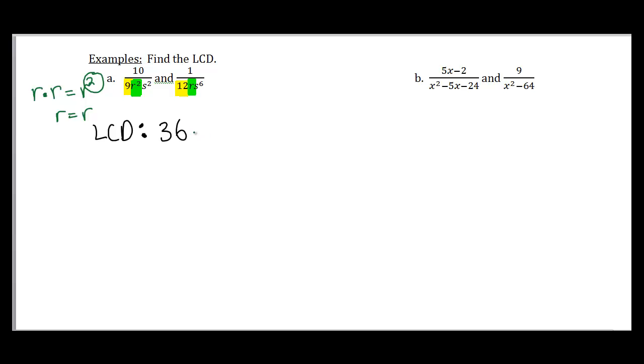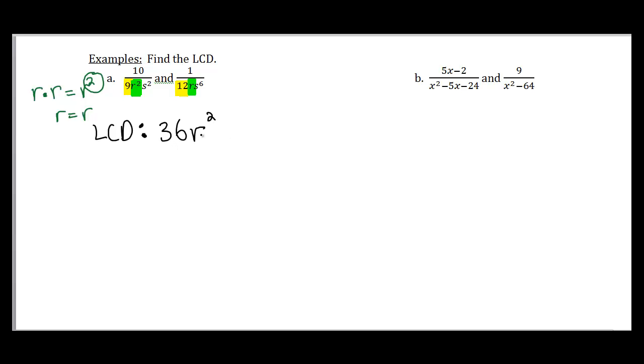Always take the largest power because you need a multiple of r squared and a multiple of r. If my LCD was just r, then I couldn't rewrite this as just r without doing some other mathematics that we hadn't even gotten to. So I always take the largest power. So when I look at r squared and r, my LCD is going to have an r squared in it.